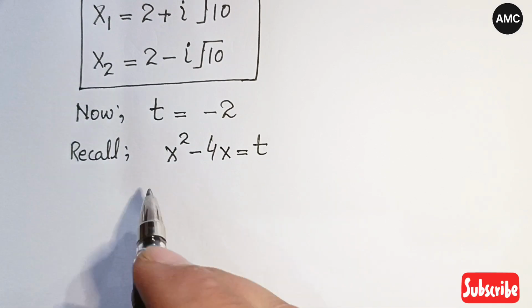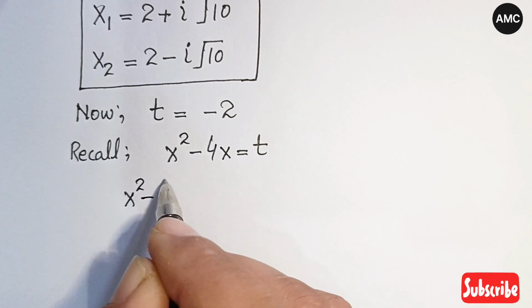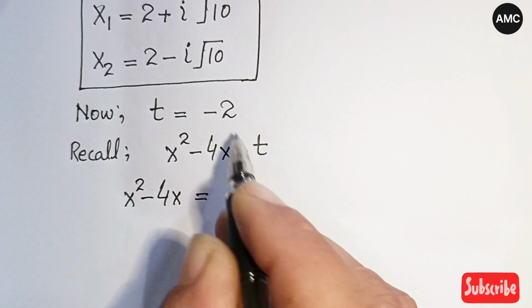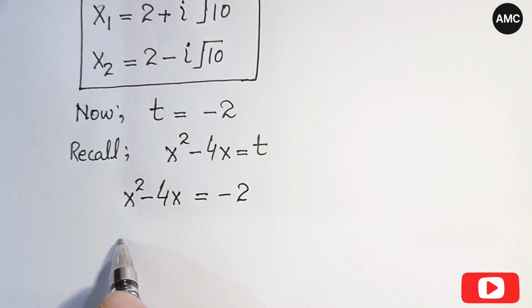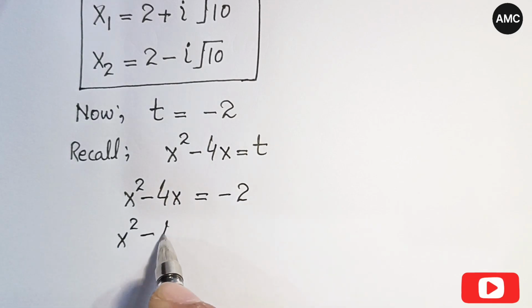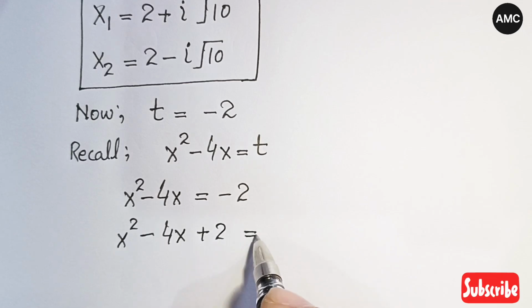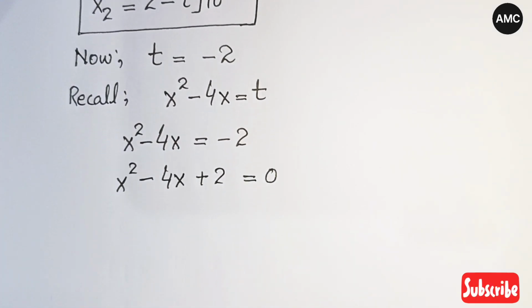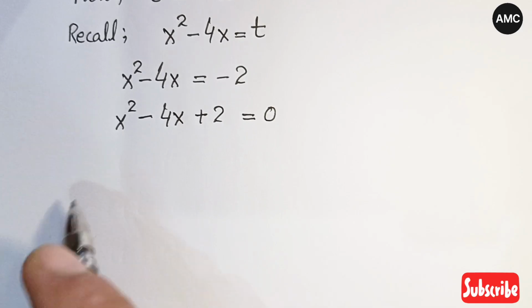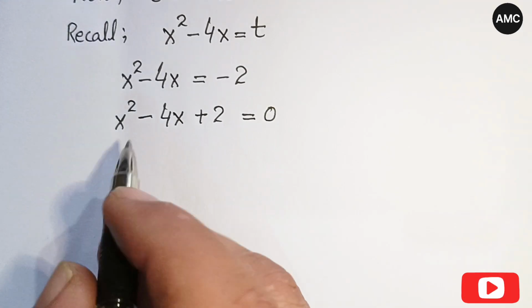Now x squared minus 4 times x is equal to t is equal to minus 2. So it will be x squared minus 4 times x. Shifting this minus 2, we get plus 2 is equal to 0. So it is a quadratic equation. We have to solve this by completing the square method.